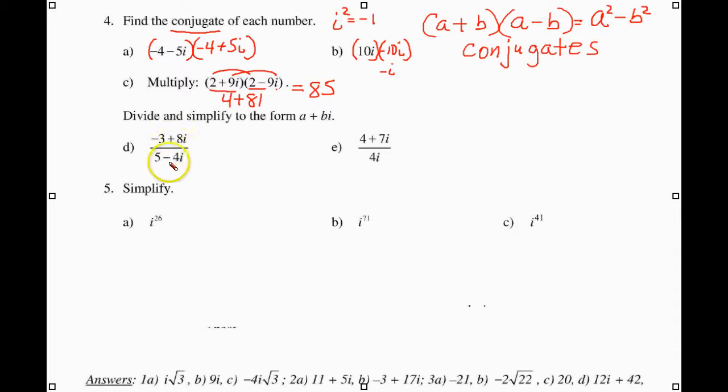Now we're going to do that for letter D because they want us to divide. And remember how we used to rationalize the denominator?